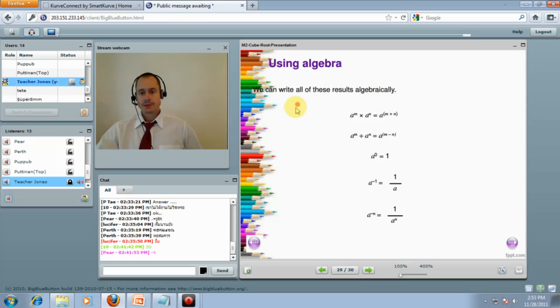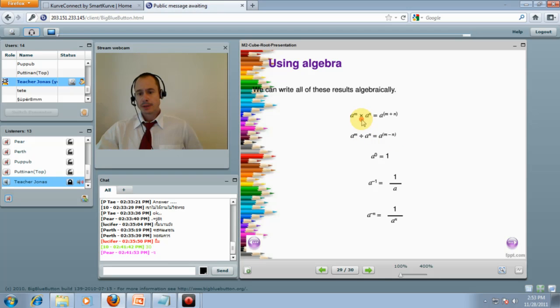And here they write it algebraically, but it's the same way that we have shown before, but now they use letters instead. So you have the same base. In this case they show it as an A, the same base, and then you have the index here and the index here, and you add them when you have the same base.